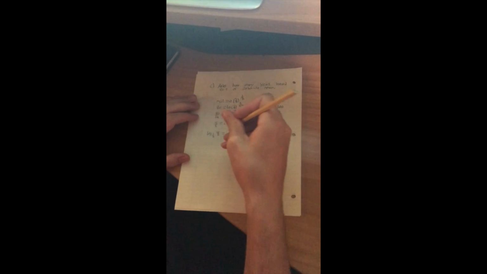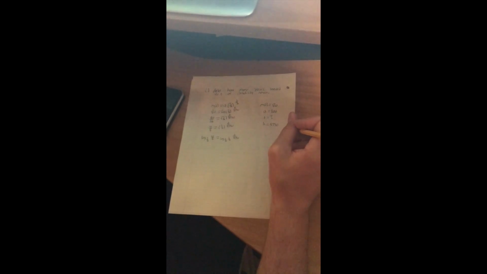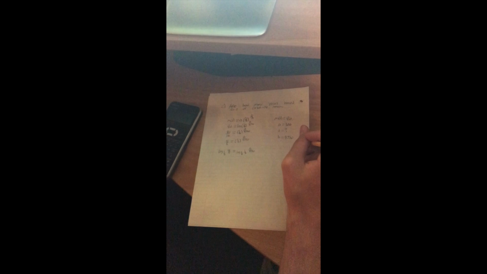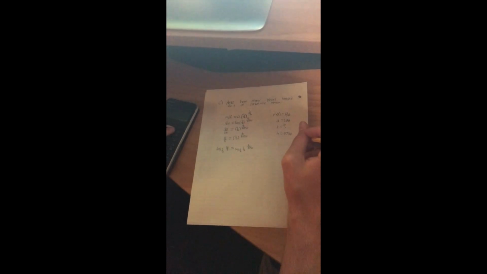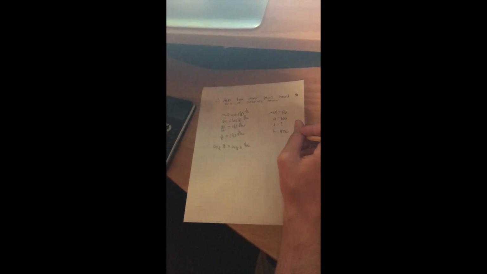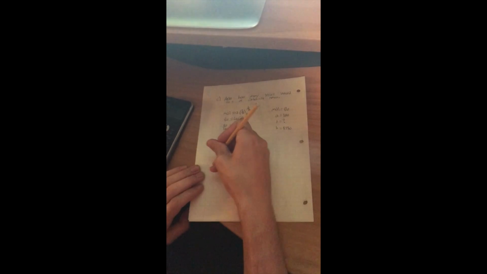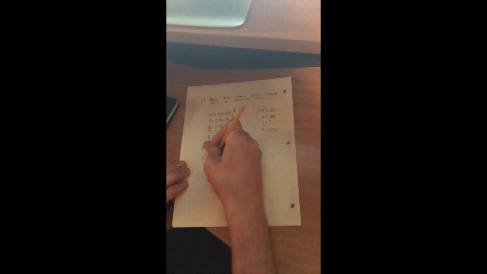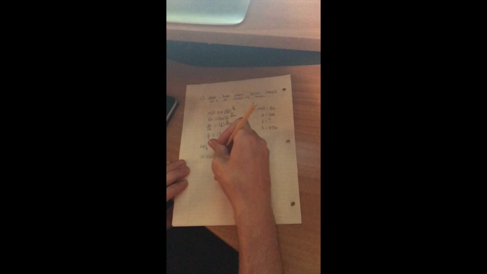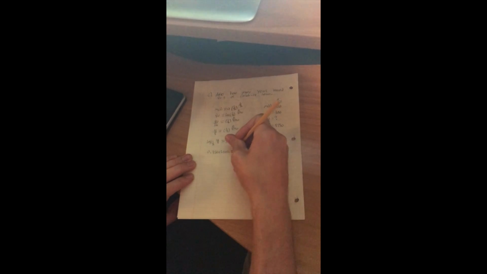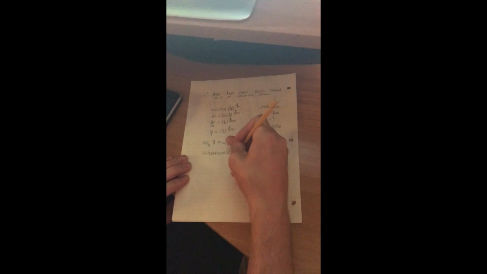So the new equation will be 0.3219280094 equals t over 5,730.